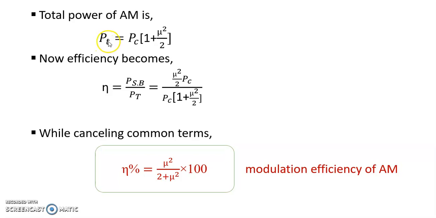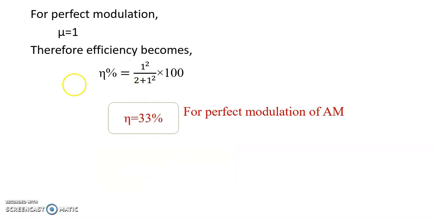We already derived the total power equation. While substituting in the eta equation, we'll get eta is equal to mu square by 2 plus mu square into 100%. So this is the modulation efficiency of AM. For perfect modulation, while substituting mu is equal to 1, we'll get eta is equal to 33%. So this is the power efficiency of the conventional AM.